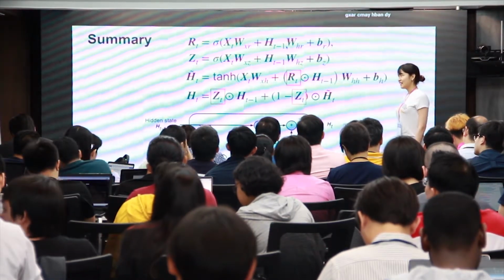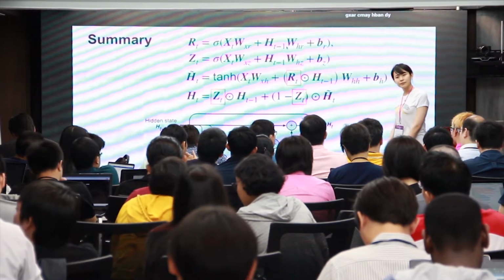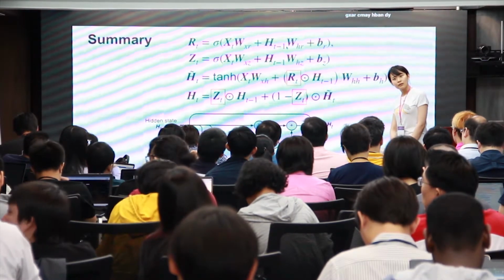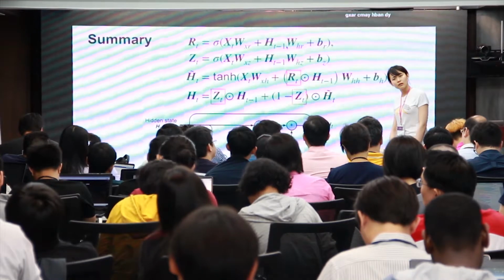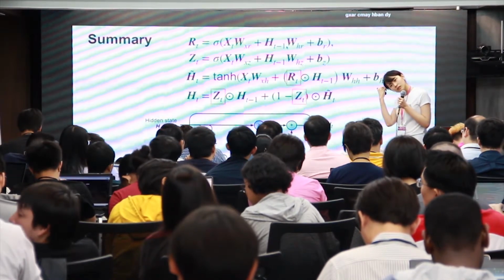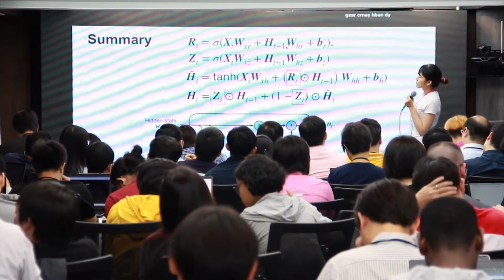But for the ZT, we have to determine whether to forget or update it before. But actually, we have to pass the input and the HT into the activation function, but that thing is the CT. Am I right?